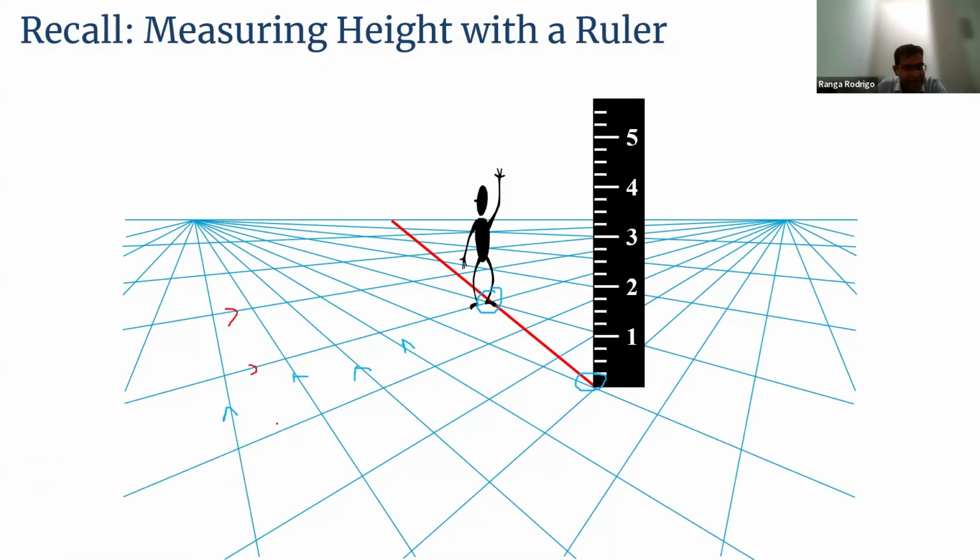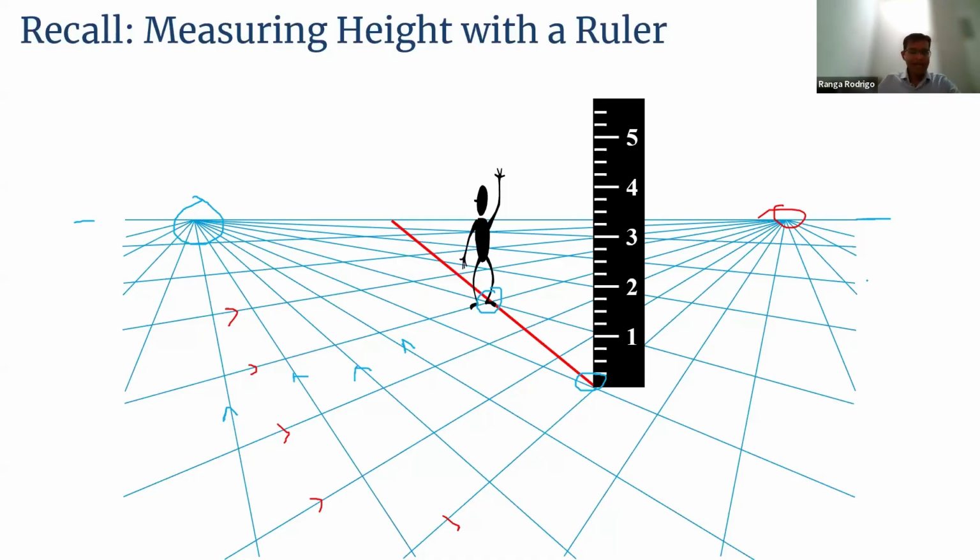These are parallel. Those lines will seem to meet at some place here. The other set of parallel lines will seem to meet at some place here. And the line joining them is called the line at infinity, or the horizon.